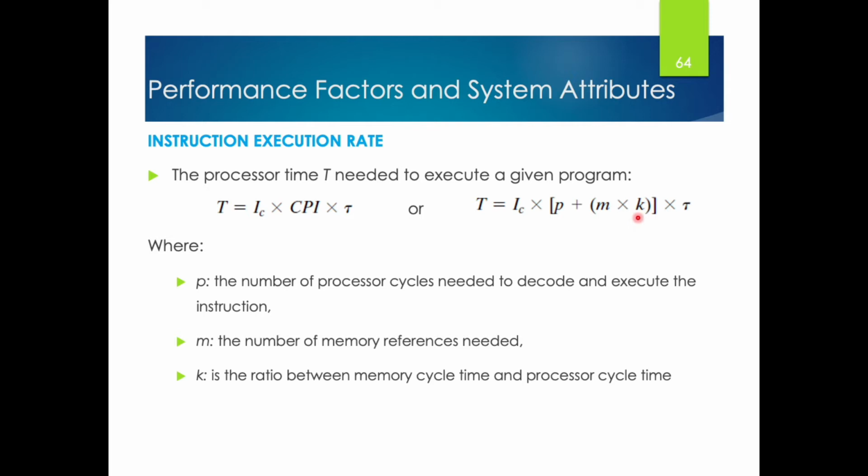The reason for K is that the CPU is much faster than the memory. Sometimes one clock cycle in the CPU takes maybe 3 or 4 clock cycles in the main memory. So K is the ratio between these values.